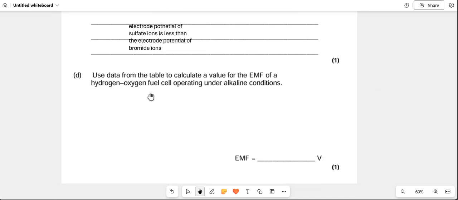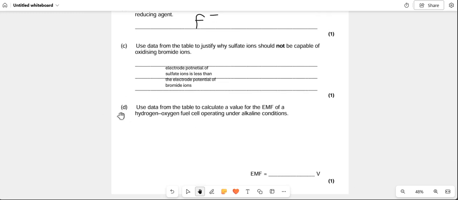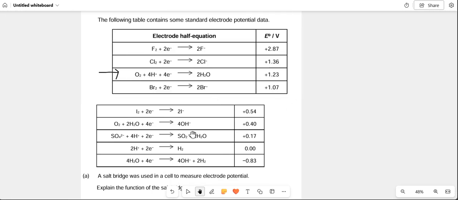Use data from the table to calculate the value for the EMF of a hydrogen cell operated under alkaline conditions. The hydrogen cell is simple. You need to remember the half equations for it.